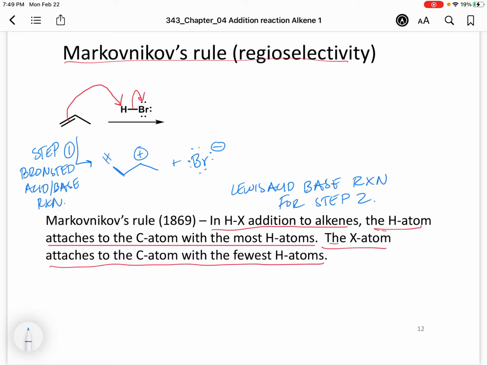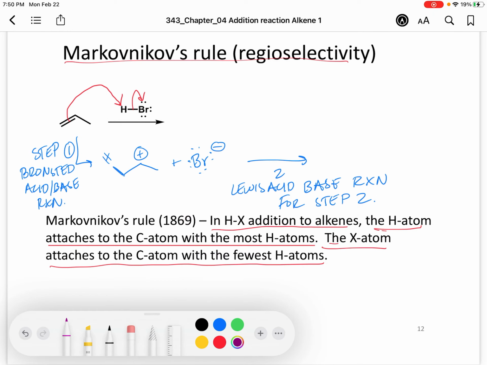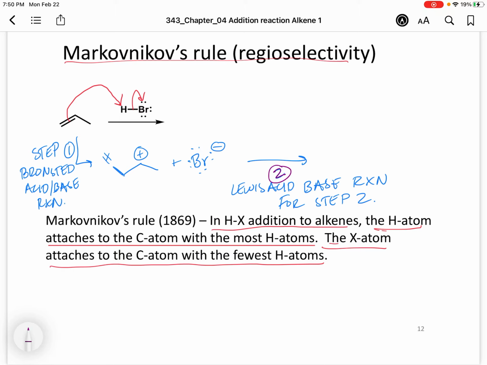Although this reaction looks so different than any of the acid-base reactions we've done, you're using the same principles. So in this next step, for step 2, let's draw our arrows here in purple. So step 2, we're going to have our Br minus attack this carbon.